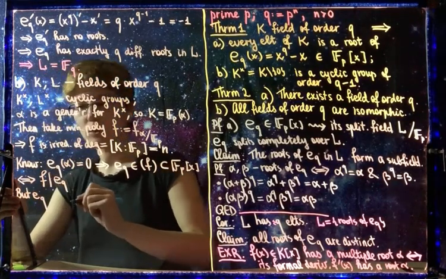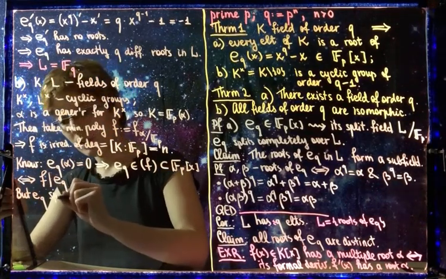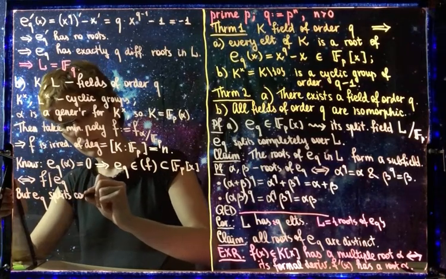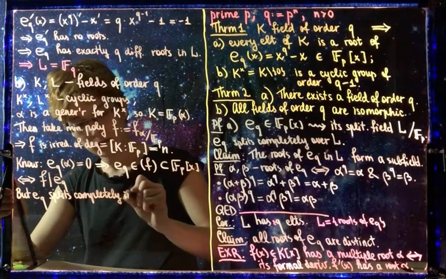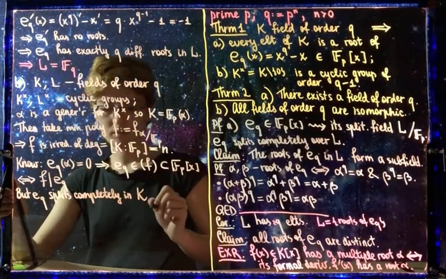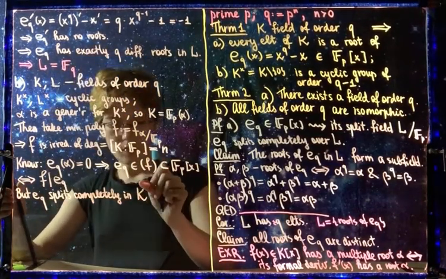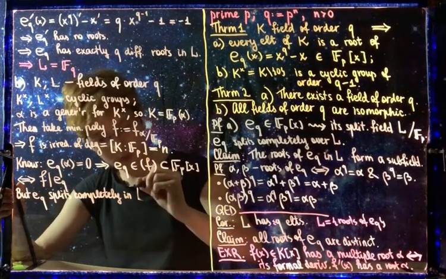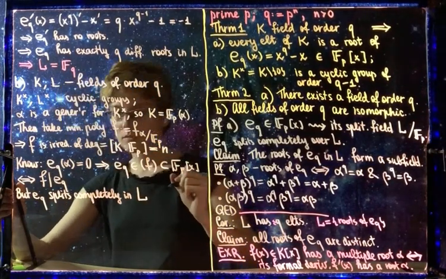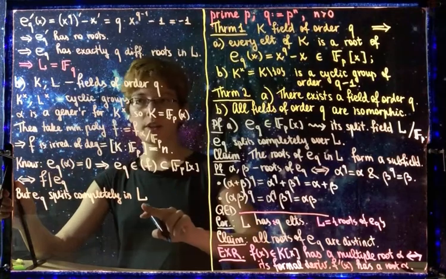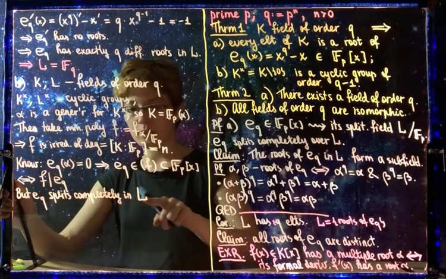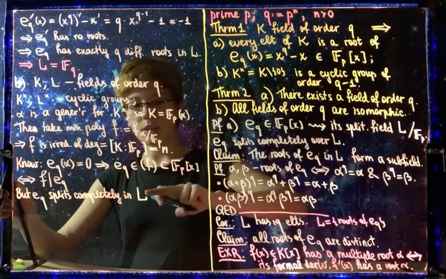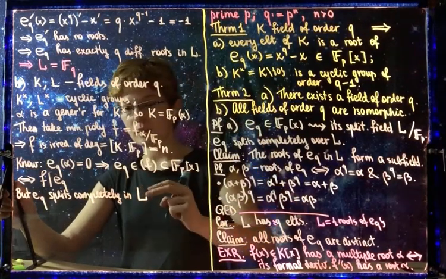But E sub q splits completely in K, in L, because L has q elements. So E sub q has exactly q roots in L, and so it must split over L.